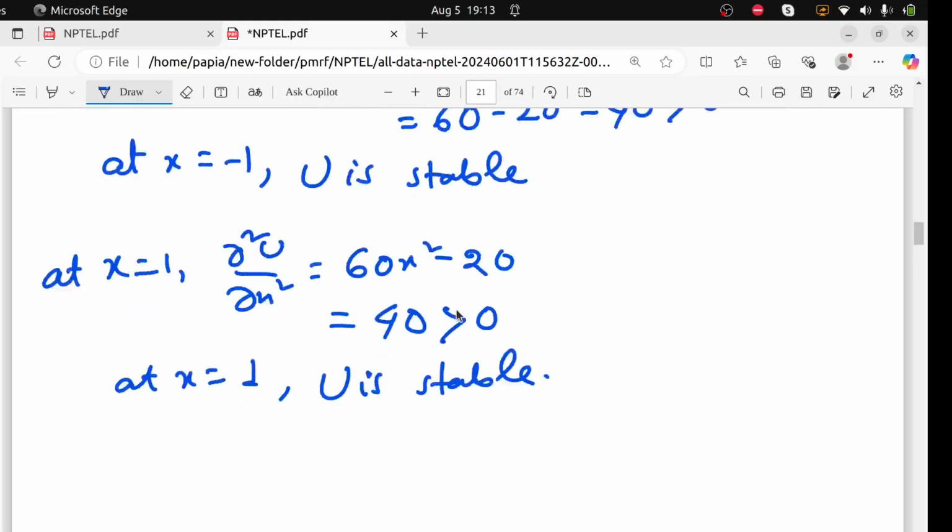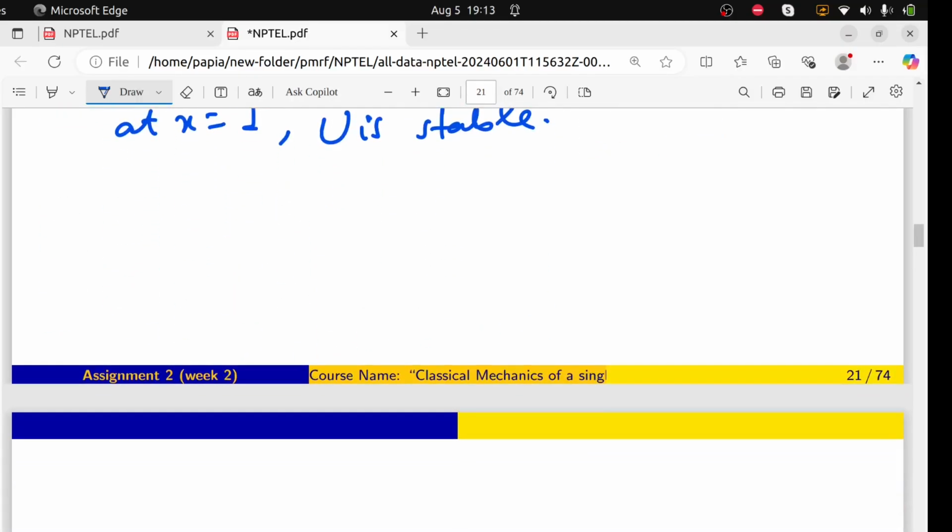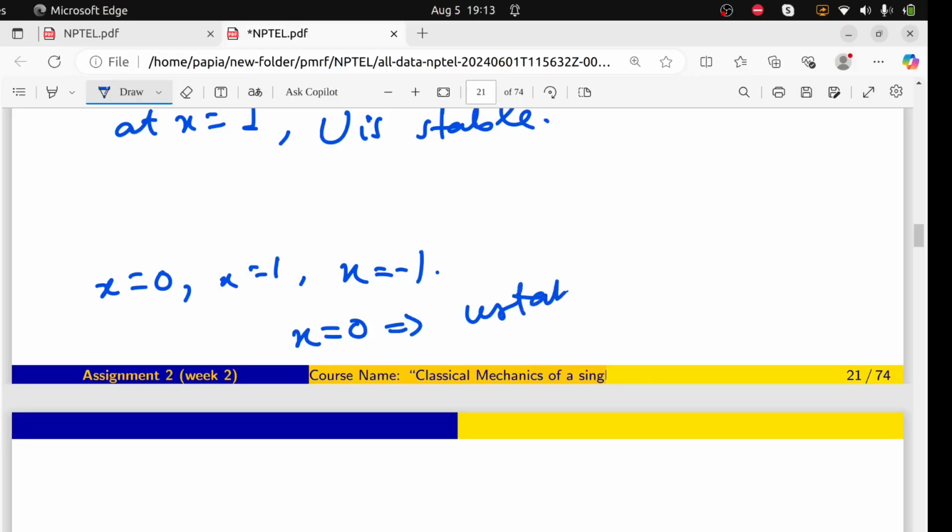So now I got x equals 0, x equals 1, x equals minus 1. These 3 points I got. At x equals 0, U is unstable, at x equals plus minus 1 it is stable.